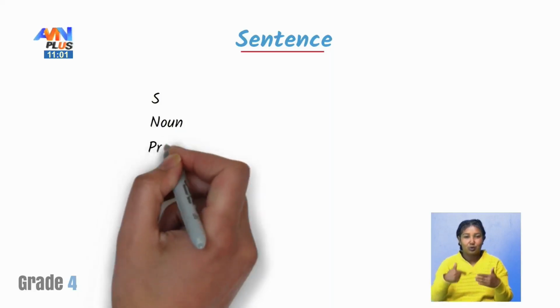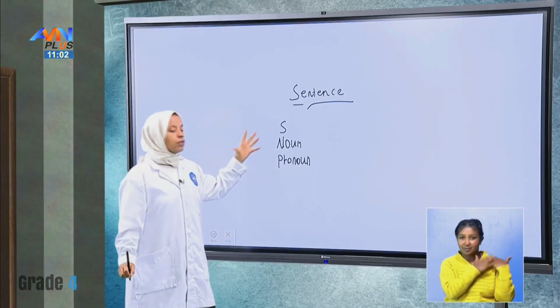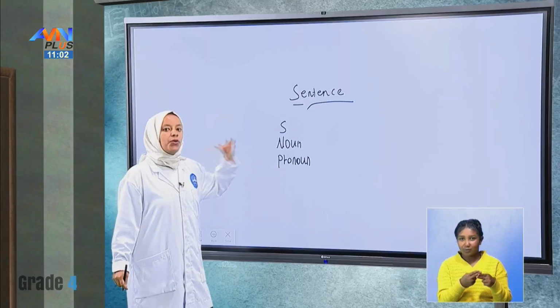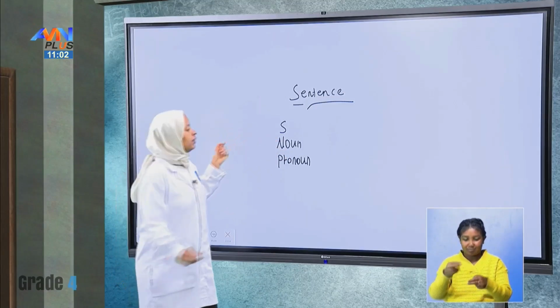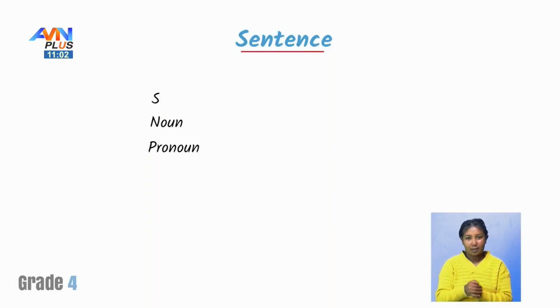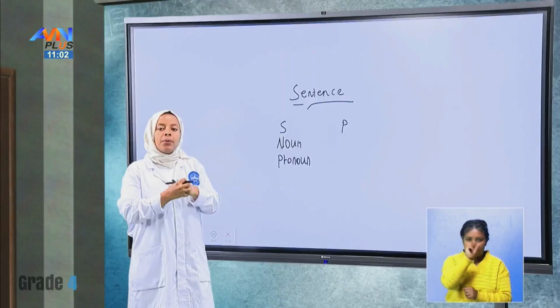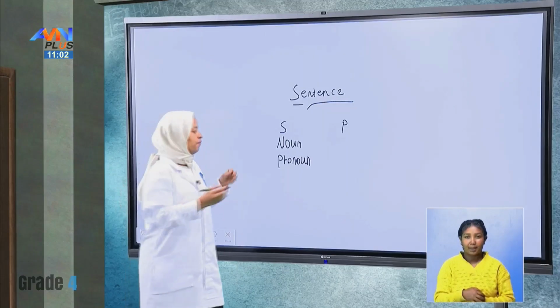So here is the subject. We can use a noun, also a pronoun, different pronouns. Next, we can use a predicate. When we say predicate, we can use what? Yes, verbs.